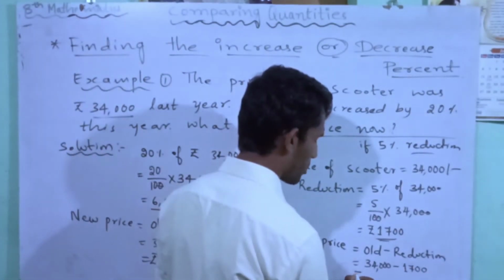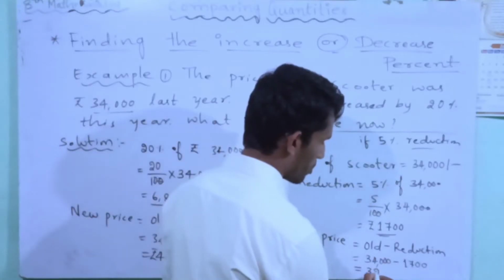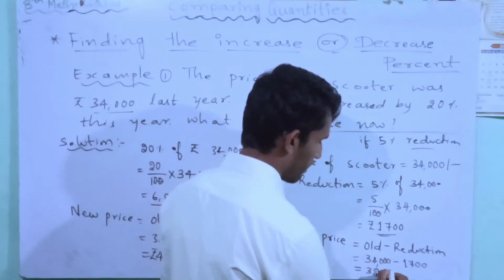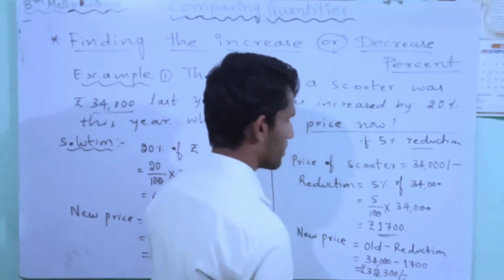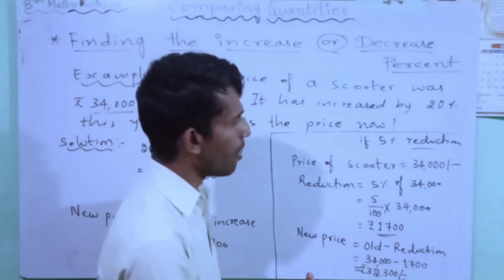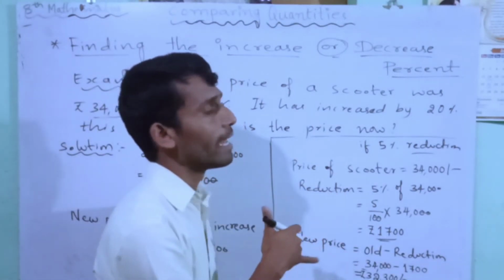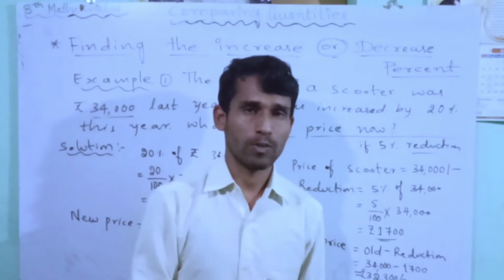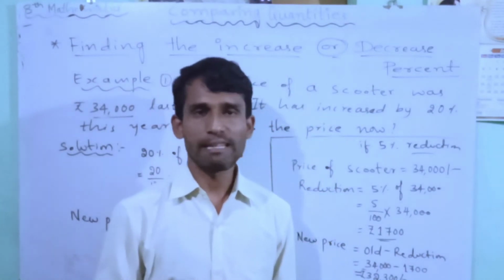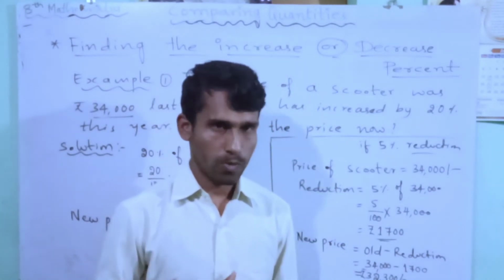When you do the subtraction, you will get 32,300 rupees. Okay, this is the new price. By using this method, when we have a reduction, we can find how much the percentage decreases. Okay, dear student, next point I am taking here is finding discounts.